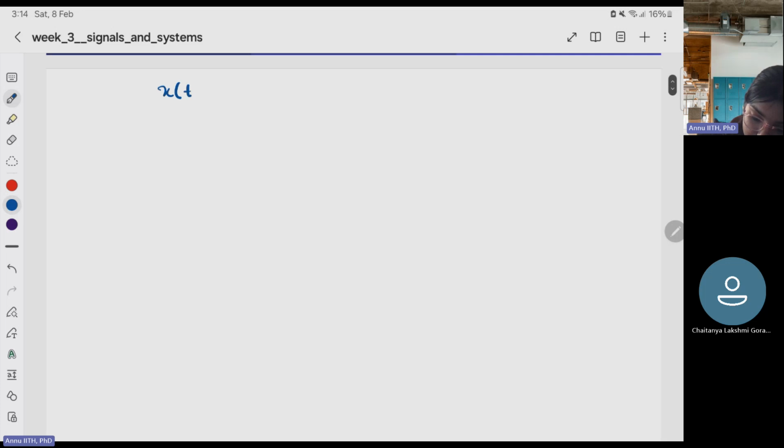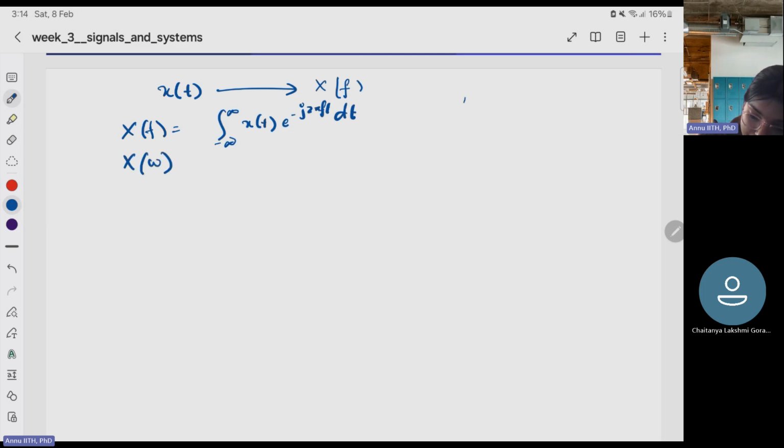Suppose we have x(t), giving X(f). X(f) is the integral from minus infinity to infinity of x(t) e^(-j2πft) dt. Now, what will be X(ω)? Omega is nothing but 2πf. So this is the integral from minus infinity to infinity of x(t) e^(-jωt) dt.